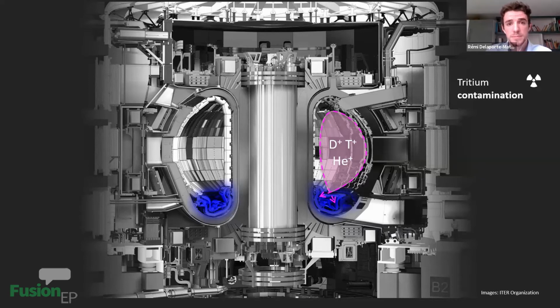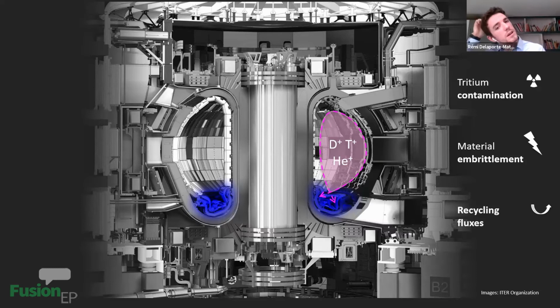So you have to be very careful with how much tritium is trapped in these components. Second issue is the material embrittlement. I'm going to talk about that a bit later. And third issue is the plasma performance reduction due to recycling fluxes from this divertor.